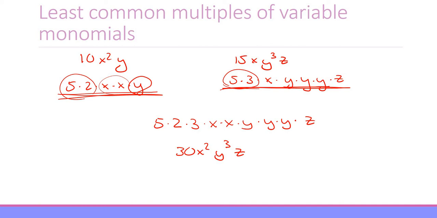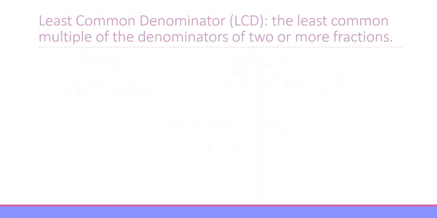And I think, oh no, we're going to do a little bit of work with fractions. Let's see. The least common denominator, or LCD, is the least common multiple of the denominators of 2 or more fractions. So let's say I want the least common denominator of 1/8 and let's do 7/12. So the least common denominator is the least common multiple of 8 and 12.